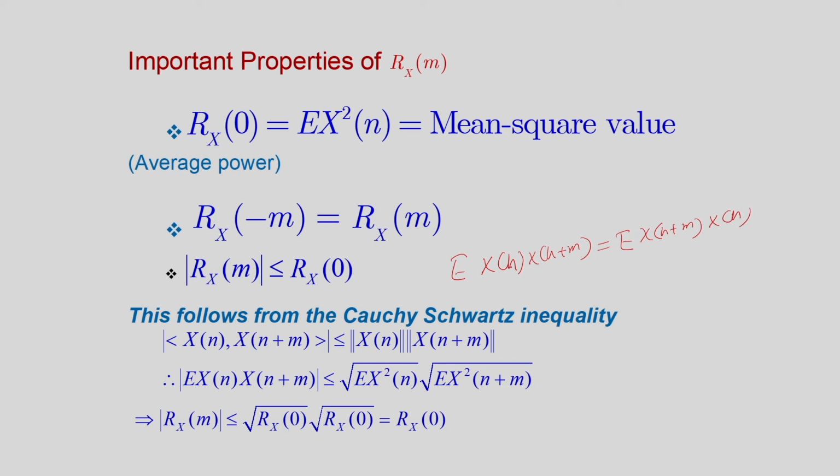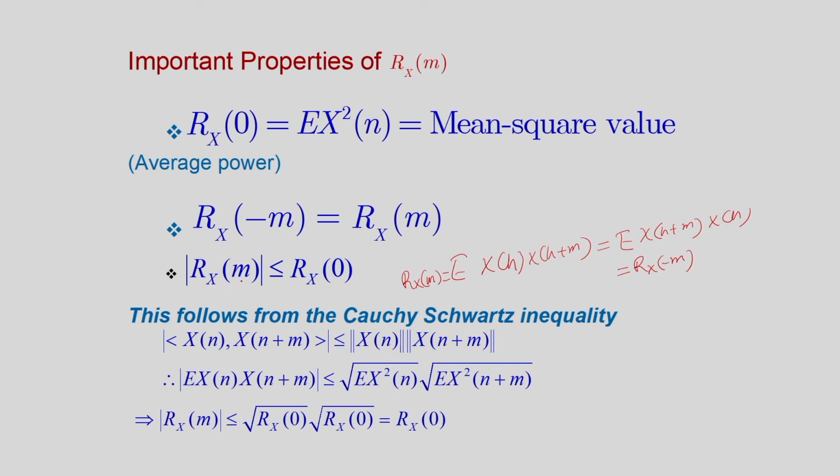Now, this quantity by definition is my Rx of m, and by definition this quantity will be this minus this, which is the argument. Therefore, this will be Rx of minus m. So, what we get is that the autocorrelation function is an even function of m.